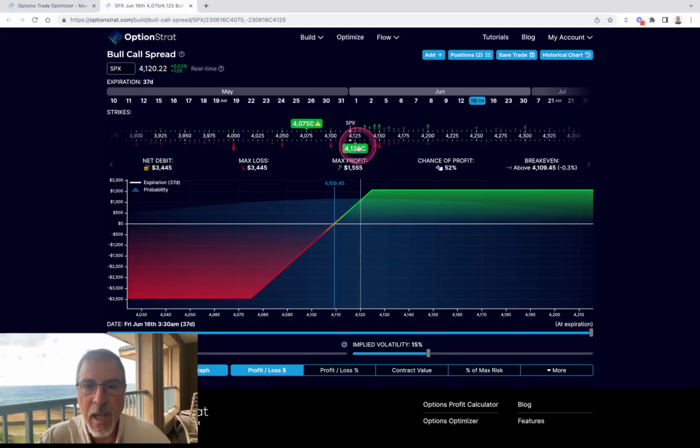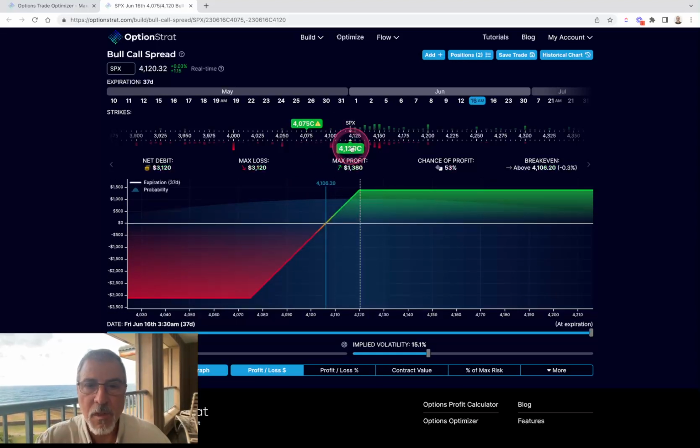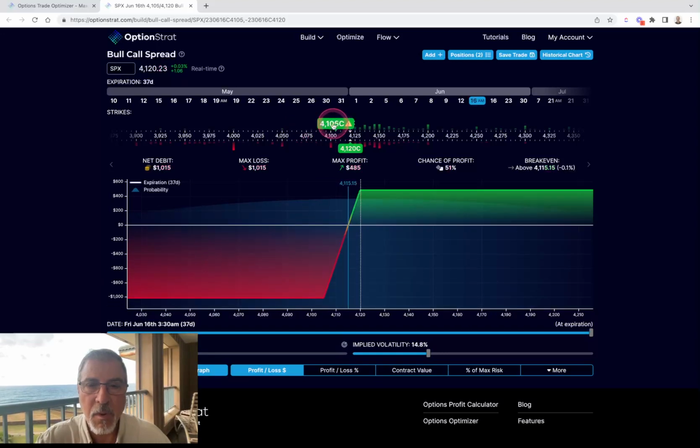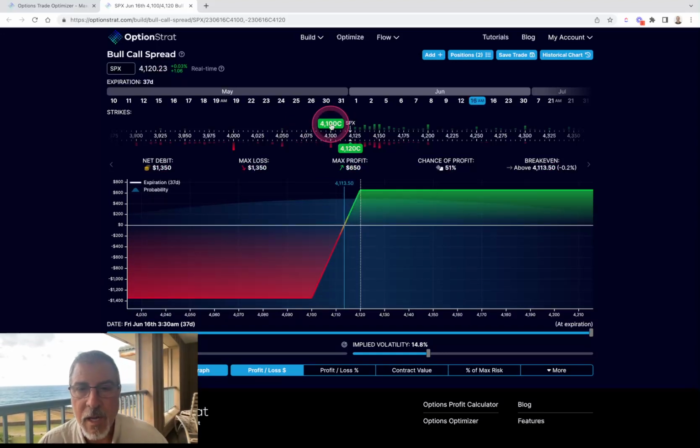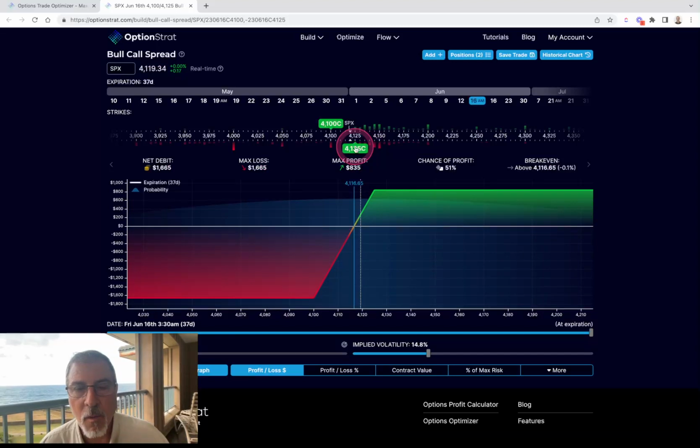In other words, how much room do I want to give this to the downside? So this is one of the awesome things that I can sit here and do with OptionStrat, is I can simply just play around with this. I can move these strikes to a bunch of different locations and kind of decide where I want to place my risk, where I want to place my reward.